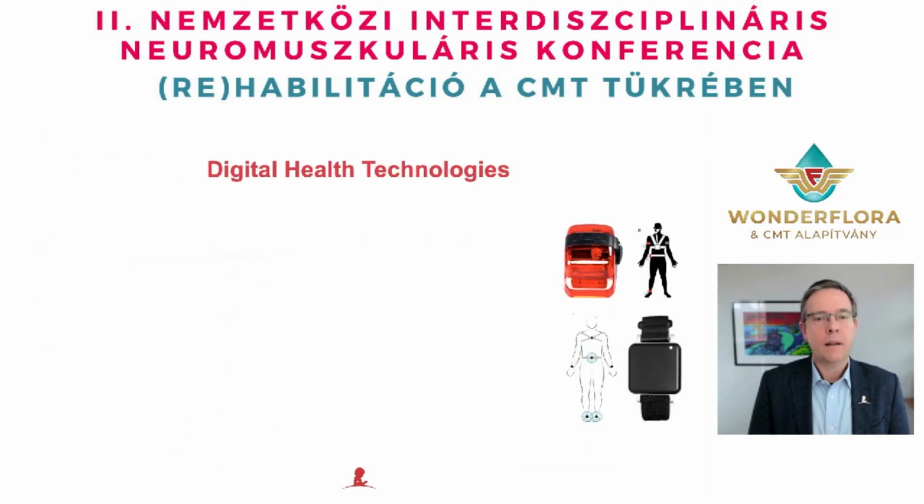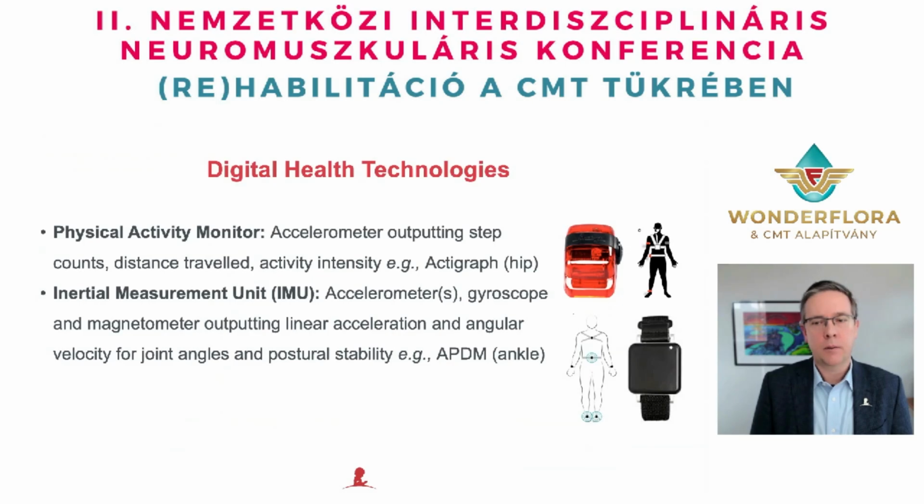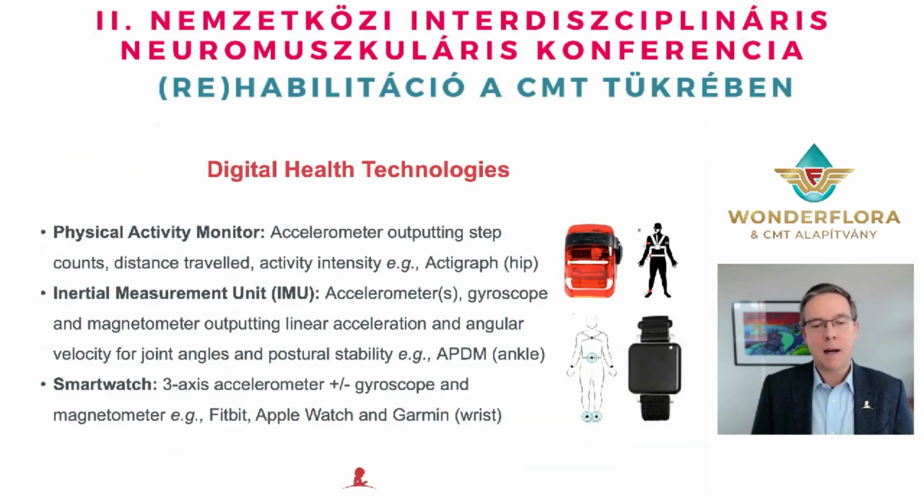Okay, and then we've got digital health technologies, which I've talked about a little bit already, such as physical activity monitors. These inertial measurement units can really understand how function is happening in the community. And we have smart watches, which I'm sure many of you have used, such as the Apple Watch.